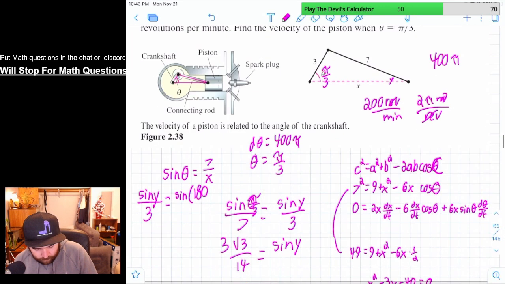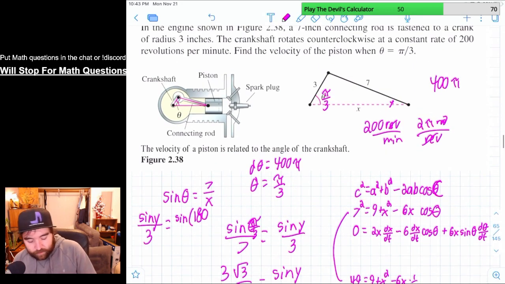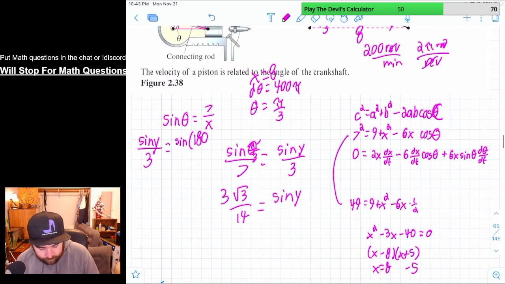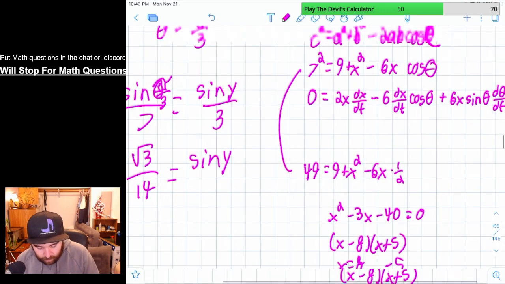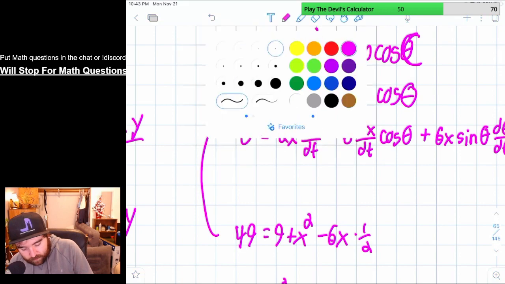So we got to choose the positive one. We got to choose the 8, obviously. So now we know that x is 8. And so now we can plug everything into here that we need. So let's use a different color.